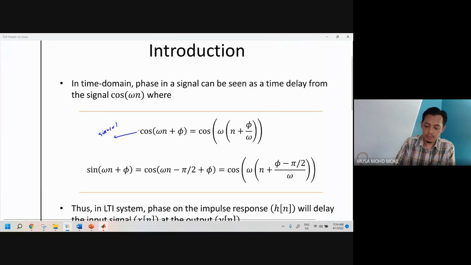It can be sine or cosine. Why are we really interested in cosine or sine? Because Fourier proved that any signal can be decomposed into a series of sinusoidal signals, meaning a sum of sinusoids, which can be cosine or sine.